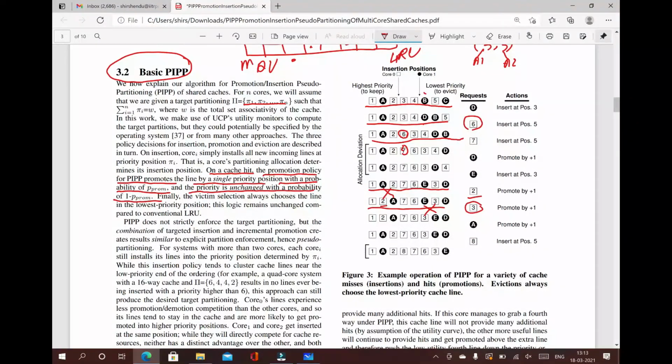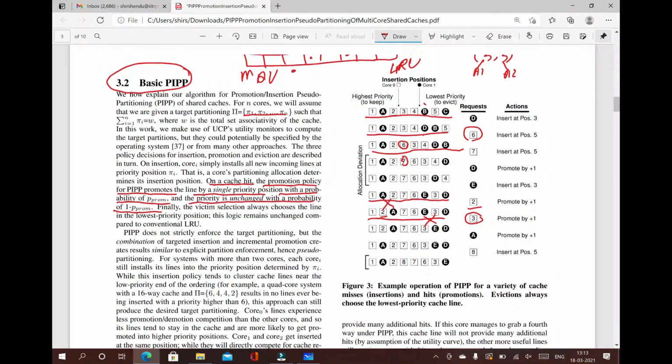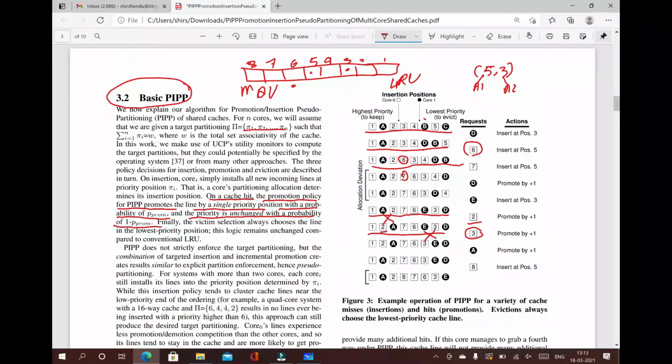So now if we see this example, most of the time they are maintaining the partition of 5 3. That means 5 for A1 and 3 for A2. Most of the time it is maintaining like this, but at some point it may deviate, when there is a demand for a particular application, it can deviate the partition as advised by the UCP monitors.